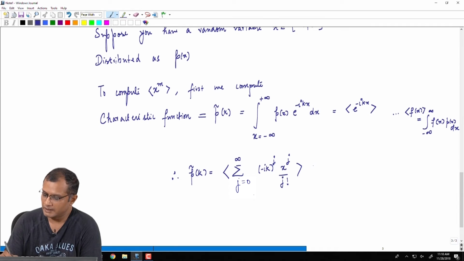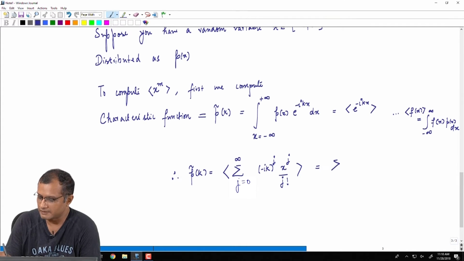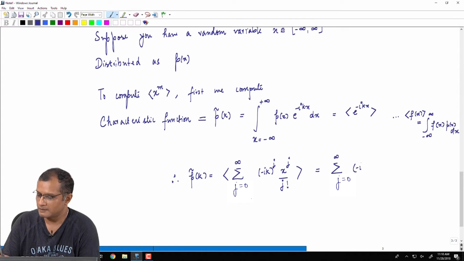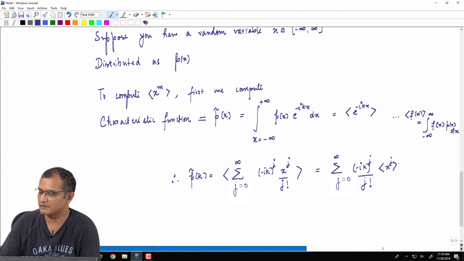And you can clearly see that the averages are simply going to work over the constants, and what you get here is nothing but the summation j going from 0 to infinity of (minus ik) to the power j upon j factorial, into the average of x to the power j.